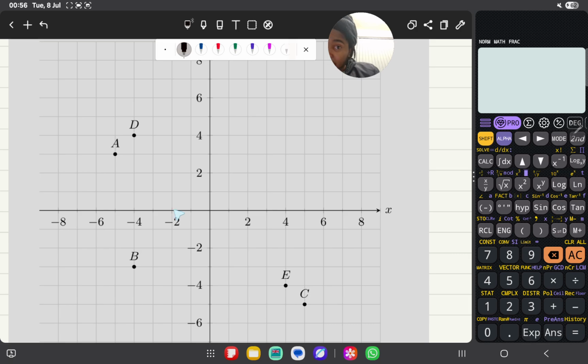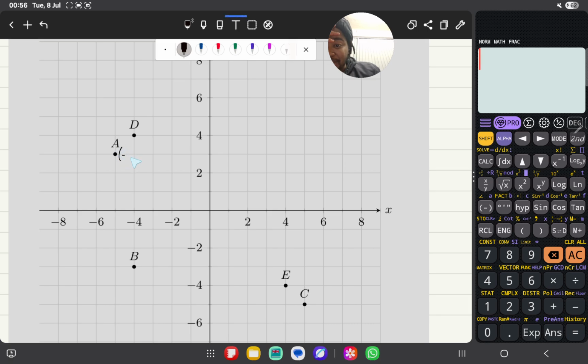We have -2, -4, -6, 2, 4, 6, and so on. So at A, for the x value, it's 1, 2, 3, 4, 5, so x is -5.